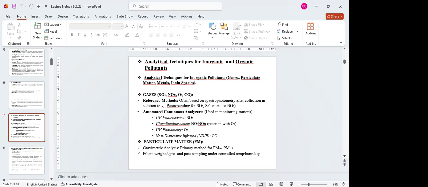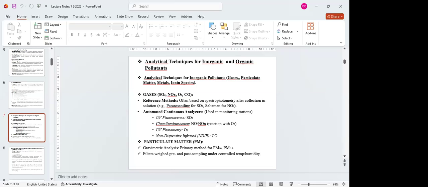When we look at some of them, we discover that for gases such as SO2, NOx, O3, and CO, there should be established reference methods that must be abided by.